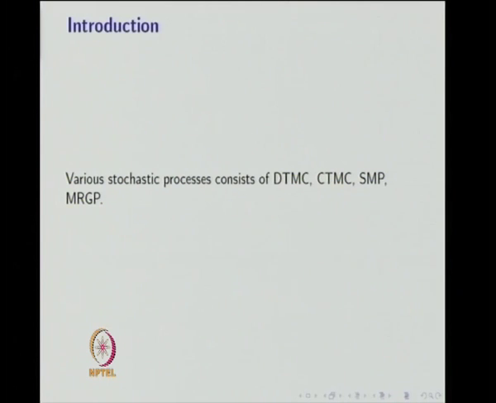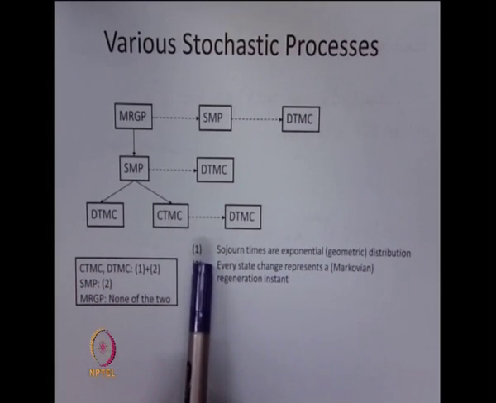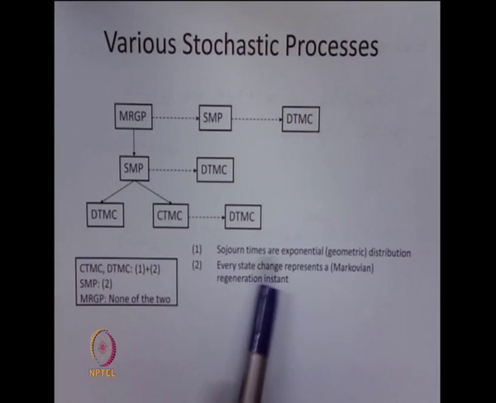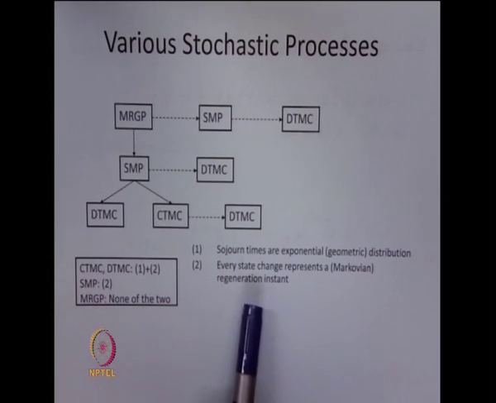First, we are going to discuss the various stochastic processes, which consist of DTMC, CTMC, semi-Markov process and Markov regenerative process. Consider number 1: the sojourn times are exponentially distributed. Number 2: every state change represents a regeneration instant.